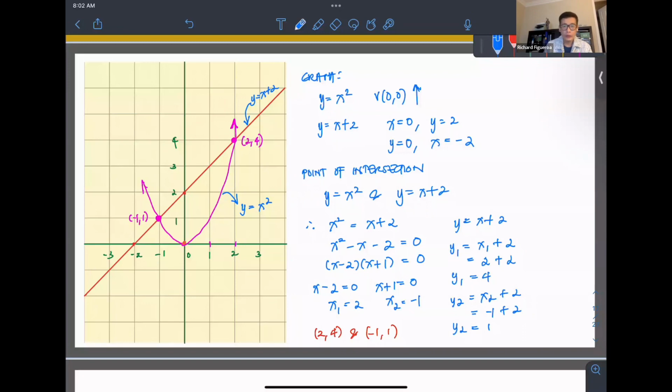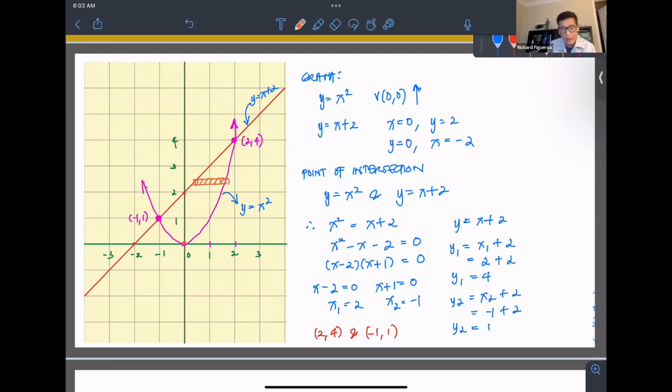So this time, let's try to find the area. But before finding the area, we need to decide what strip we are going to use. Can we use a horizontal strip? Using a horizontal strip, this one is okay. We have the right side, which is in pink, and the left-hand side of the strip is red.